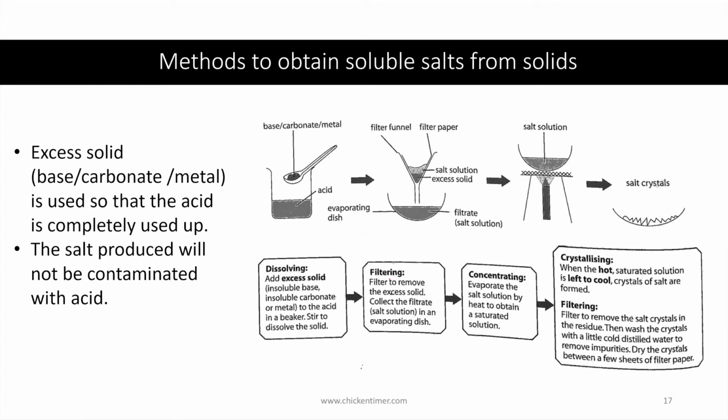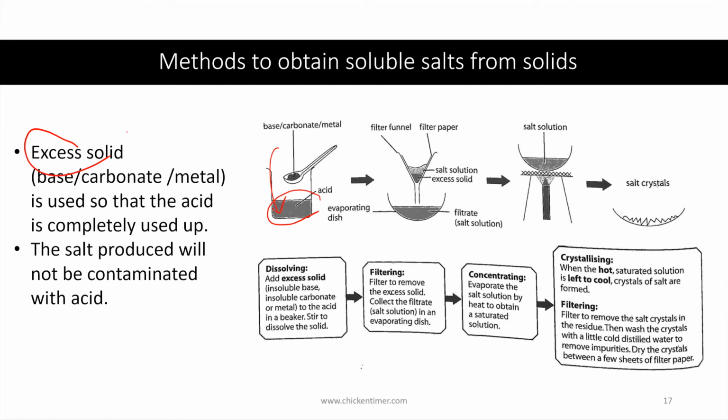What you do is you have the acid, then you have the insoluble base, insoluble carbonate, or metal. You just throw it in, and you put a lot of it. You use excess. Then you keep stirring until no more solid dissolves.